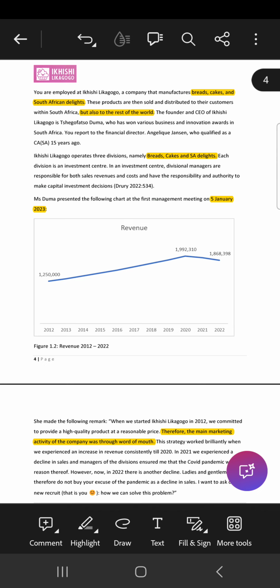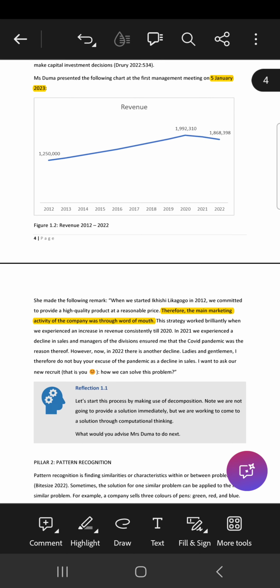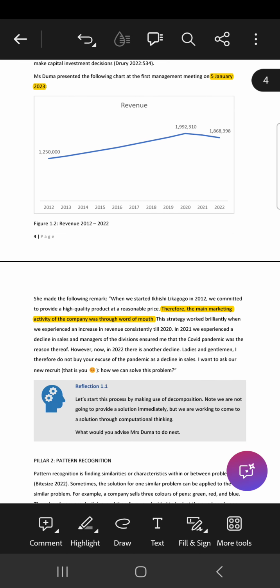Then we're also going to get some kind of indication there as to where the decline is. So maybe we are selling the goods cheaper, but it's unlikely that we're going to be selling the goods cheaper. So you need to be speaking to Ms. Duma to identify those aspects in the question.